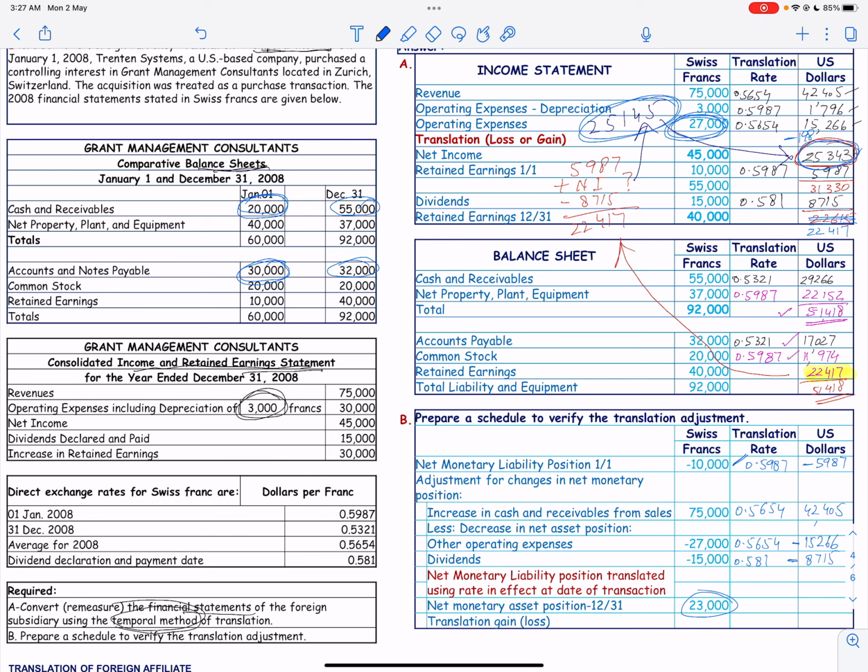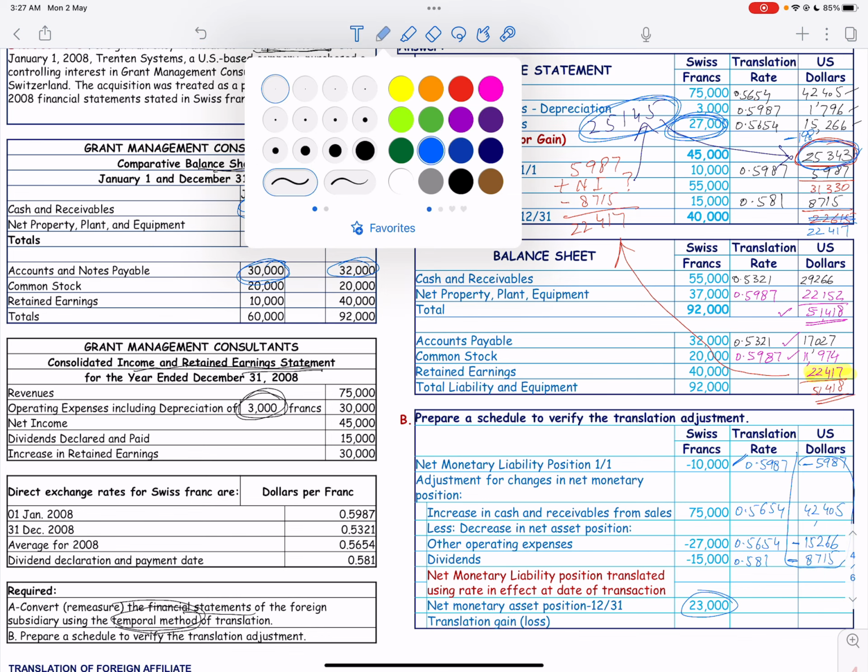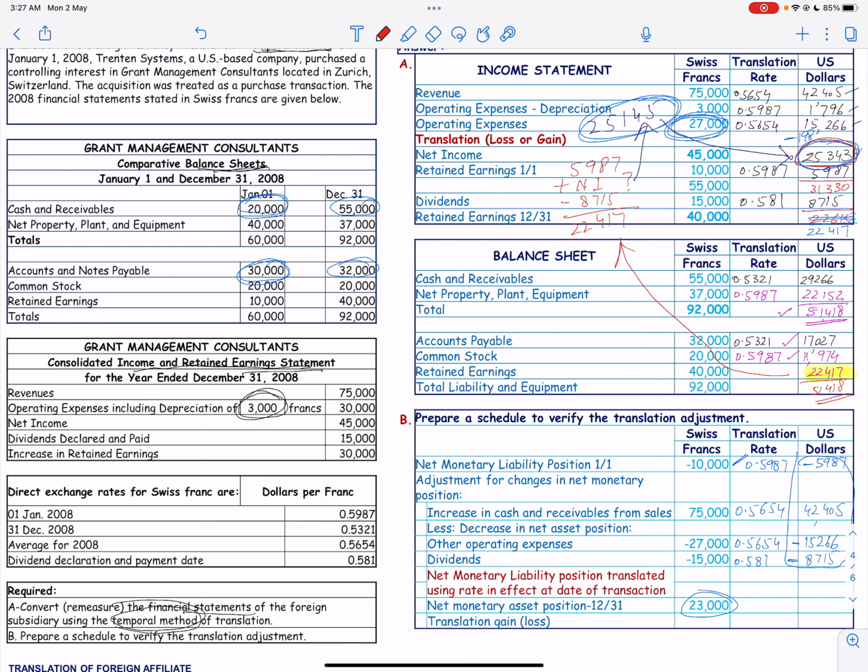And next, we make the total. If you make the total of these four, this will be equal to 12,437. Next, convert the net monetary asset position on 31st of December.